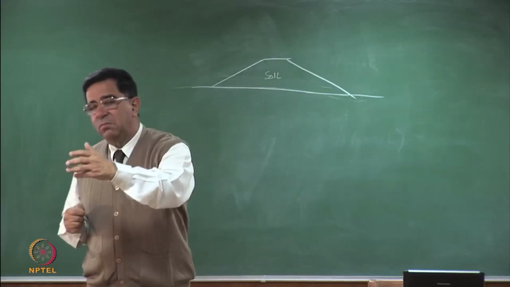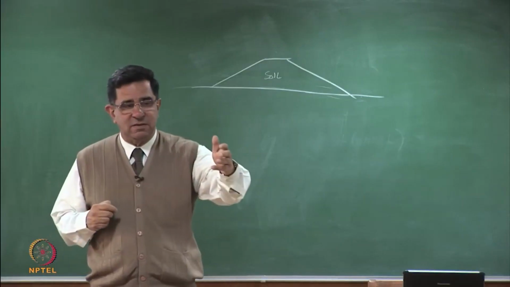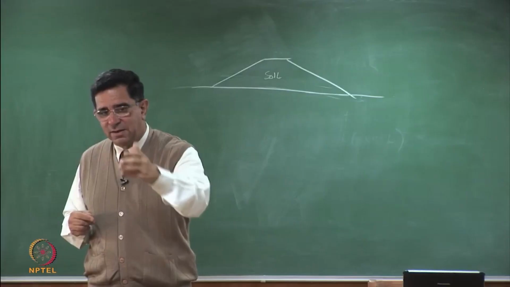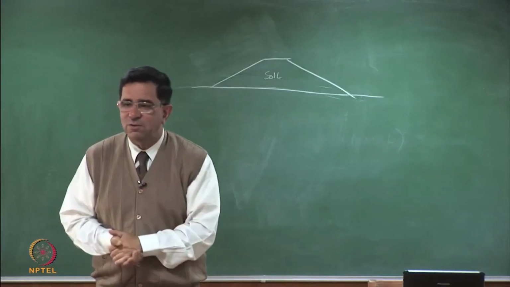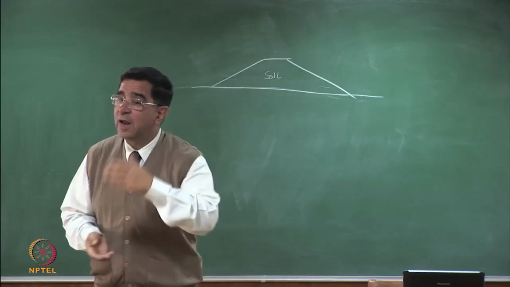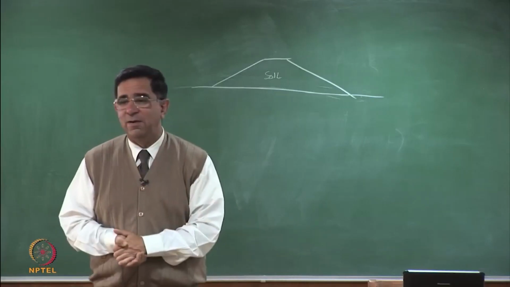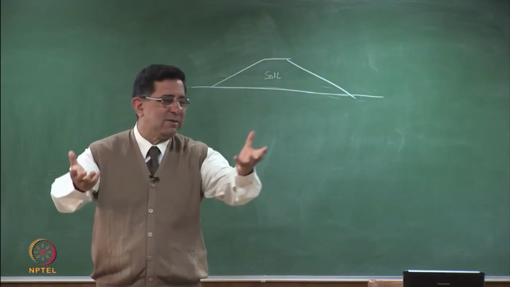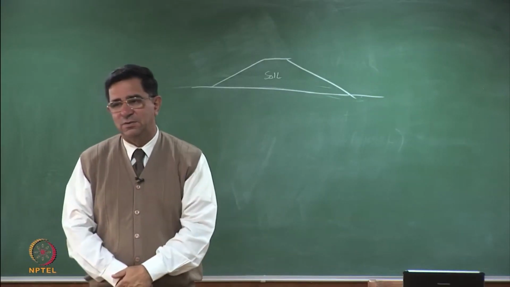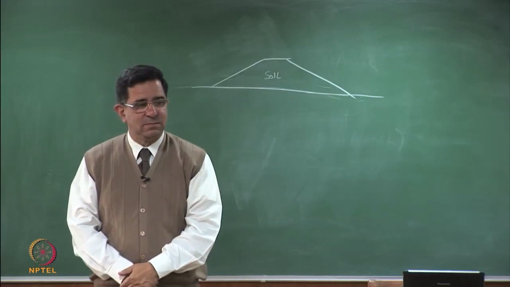Either the fibrous material may reflect itself as a C, or it may reflect itself as an increase in the phi. So what kind of values can you expect? More than 40. How low can the value of phi dash be? What is the worst waste that you could be dealing with which would have very low phi dash?